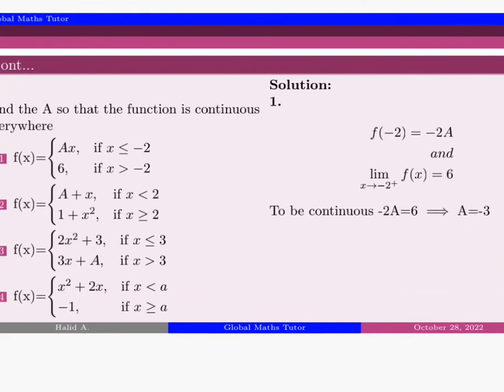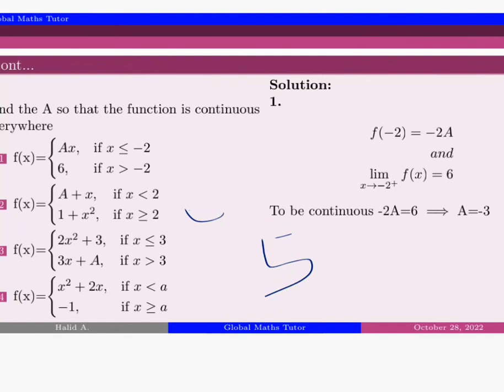Okay, for the second question, the first one is to find if the function is defined at x equal to a. So for this, at x equal to 2, it is defined by 1 plus x squared. It means when you substitute 2, 2 squared plus 1 is 5. So it is 5 at x equal to 2. And for x less than 2, it is a plus x.